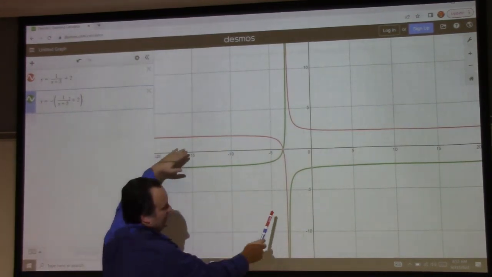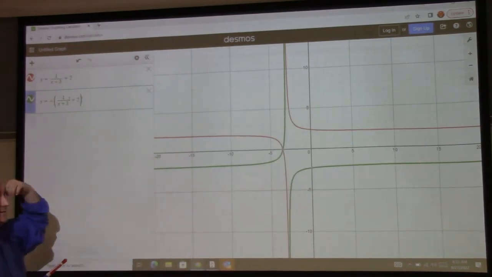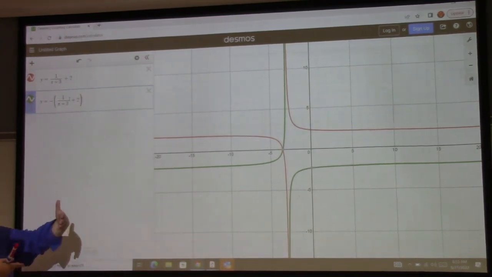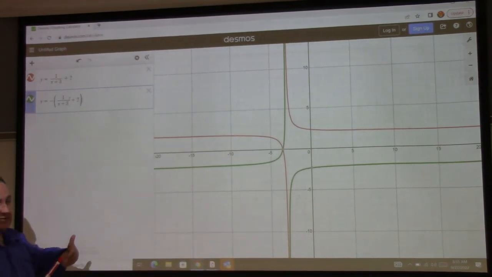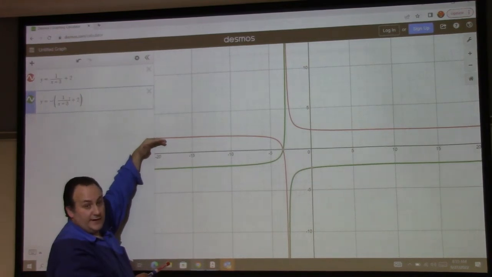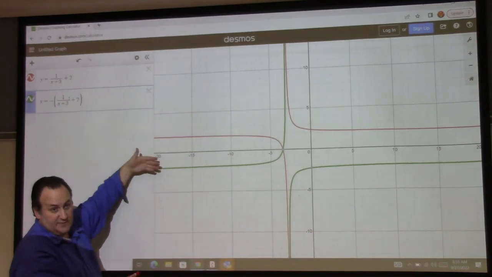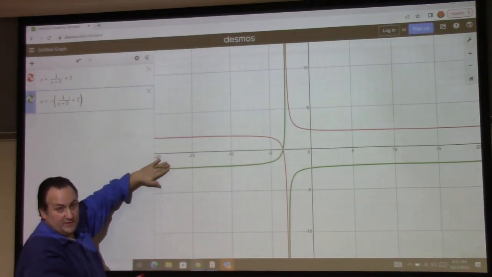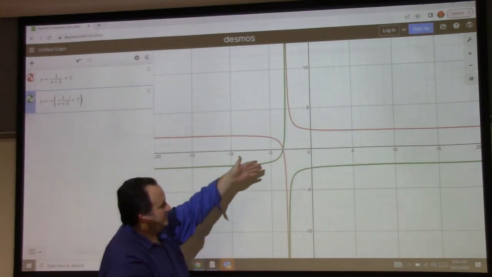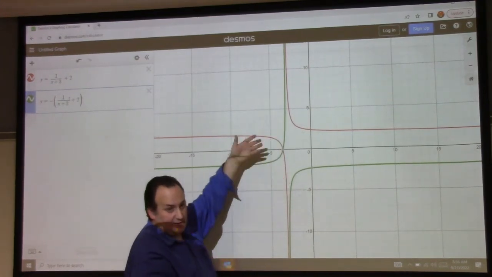So x equals minus 3 is the vertical asymptote to the red. When we multiply the formula by minus 1, what does it do? That reflects over the x-axis. The horizontal asymptote, which was originally at 2, flips to a new horizontal asymptote at minus 2. So it flips the horizontal asymptote over the x-axis down to here. What happens with the vertical asymptote? Nothing. It just stays at minus 3. You flip the vertical asymptote over the x-axis, it just flips back to itself again.